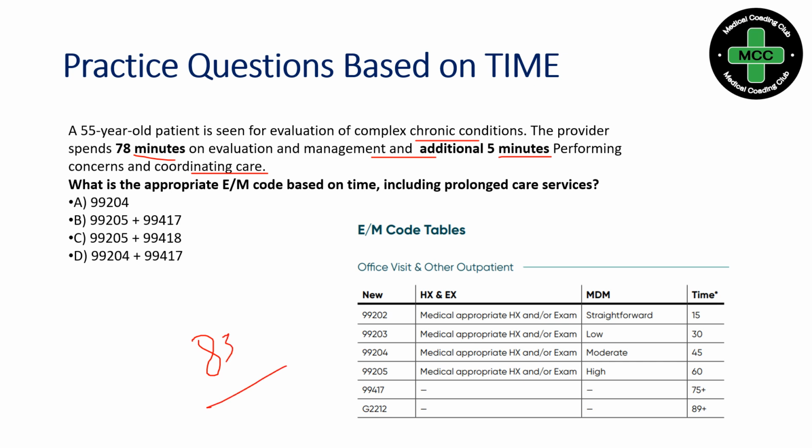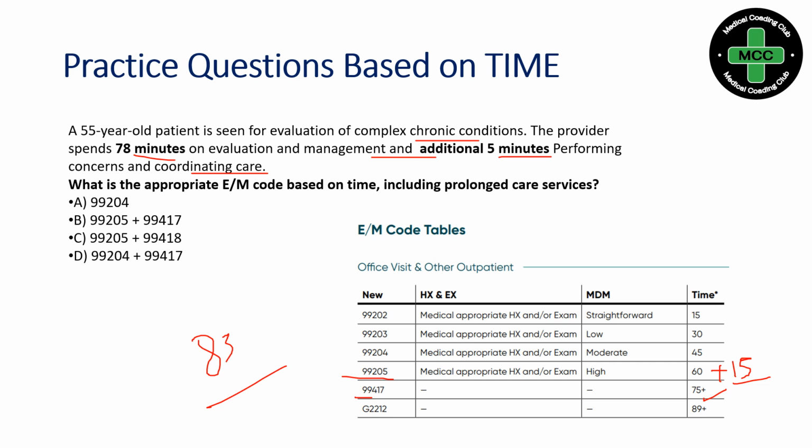So patient is new only. So for 83 minutes, how can we bill? So if you see, 99205 is for 60 minutes and 99417 we will code from 75 minutes. So if you get 60 plus 15 extra minutes, you will get 75.